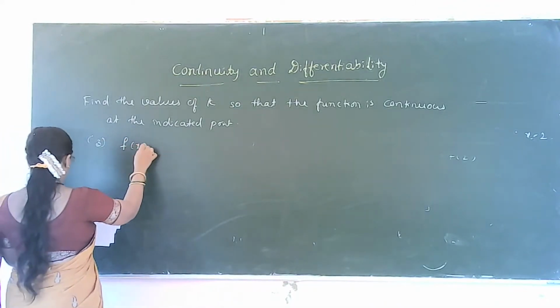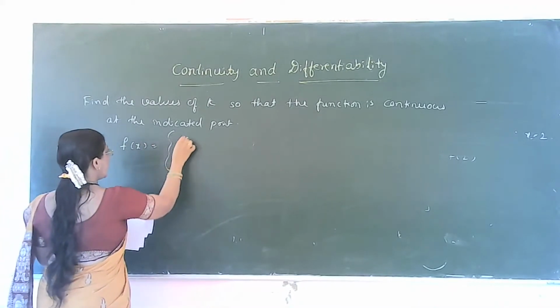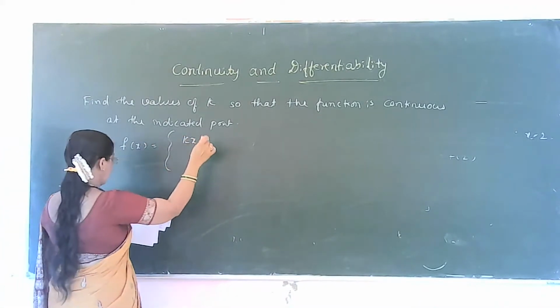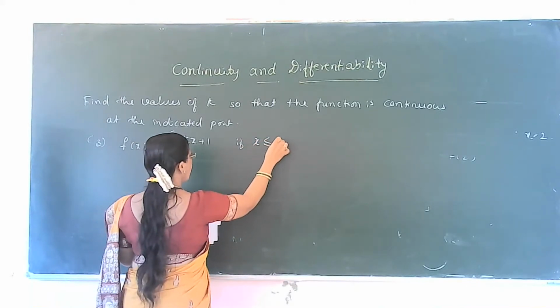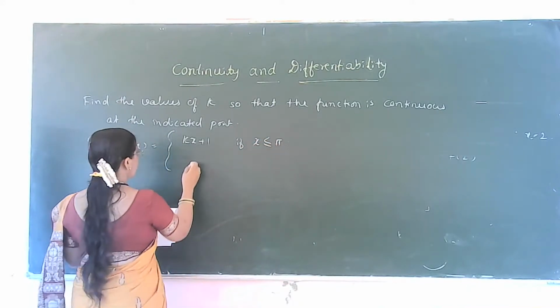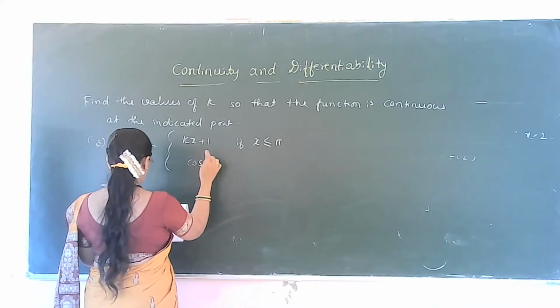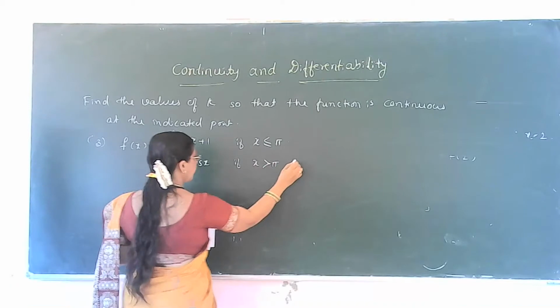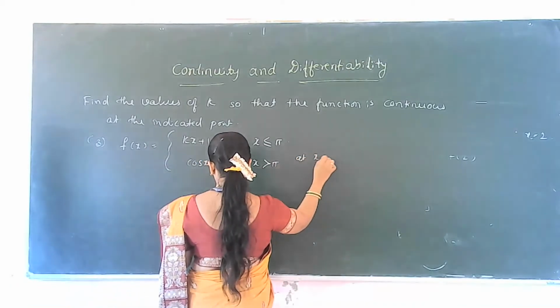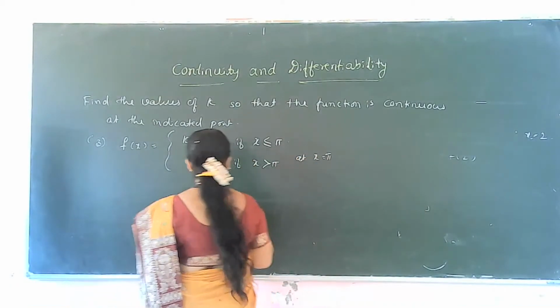f of x is equal to kx plus 1 if x is less than or equal to 5, then cos x if x is greater than 5, at x is equal to 5.